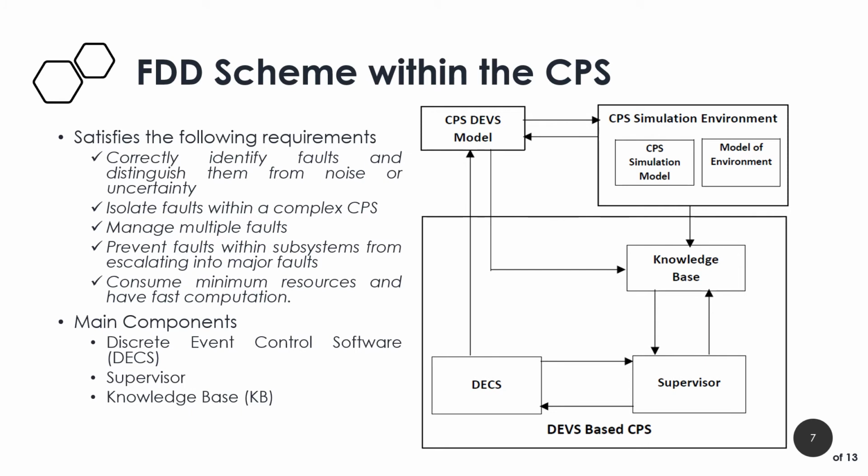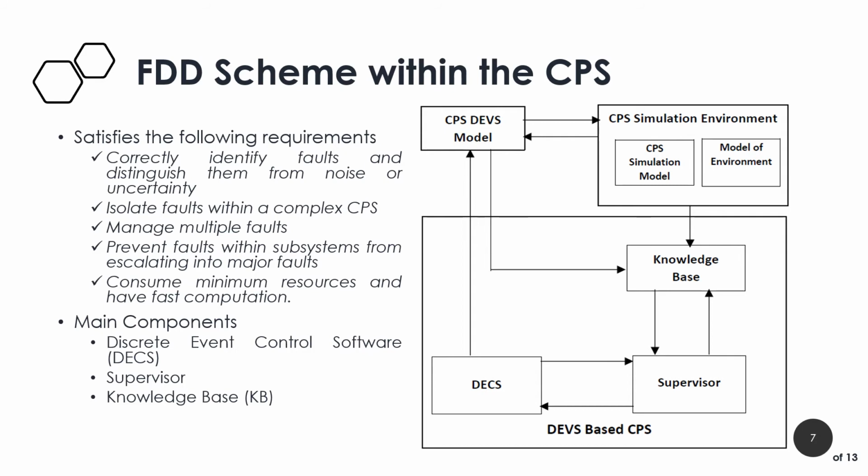Now, during the operation of the cyber physical system, what happens is this. The discrete event control software is where the control system sits, right? Now, whenever there is a fault, it believes that the specification has been violated, which could be a fault or an uncertainty or noise. It's going to send a message to the supervisor, and the supervisor would then check with the knowledge base with that message.